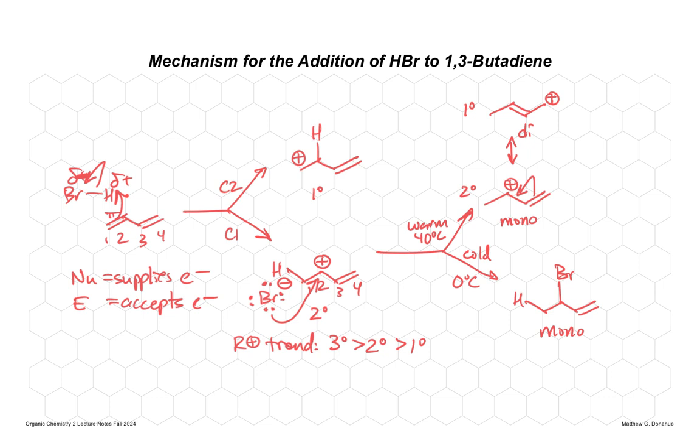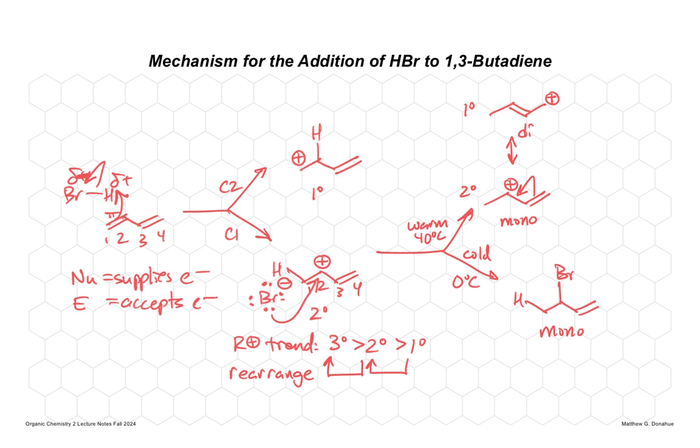Another thing about carbocations is they rearrange. And remember, primary can go to secondary, secondary can go to tertiary. What I'm showing you is a resonance form, so it's both of those things sort of at once.